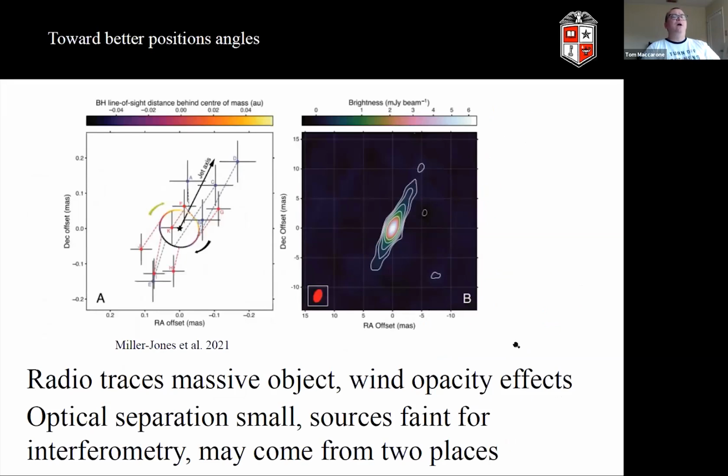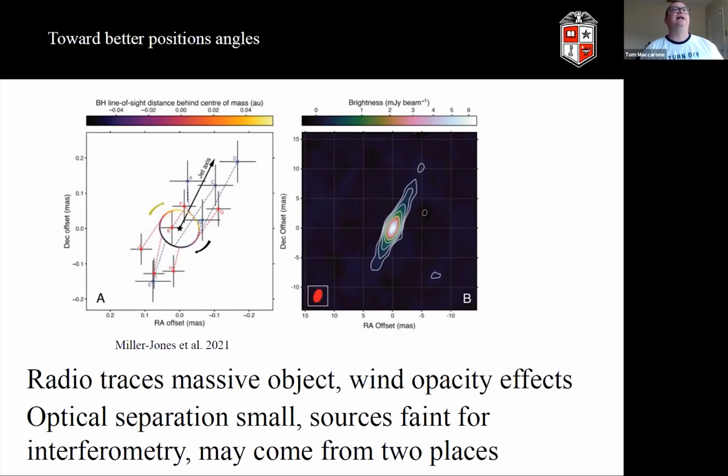All right, so now we can also think about going towards better position angles. So doing the position angles for the orbits is really hard. People have tried to just assume that you could get the position angle for the orbit from the position angle of the jet, but between the V404 Cyg position angles for the radio data jumping around, and the recent Poutanen et al. paper on polarization in MAXI J1820, I don't know that that's really going to work very well.